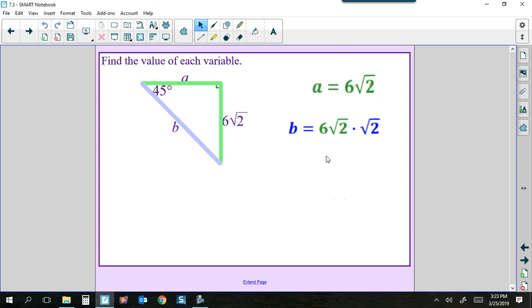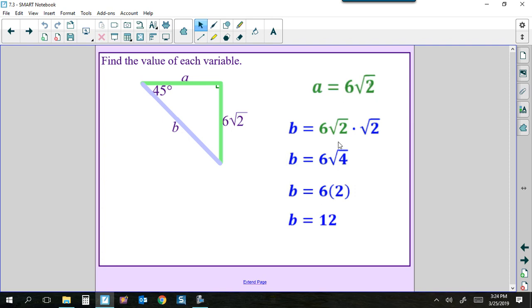So if you do square root 2 times square root 2, it becomes square root 2 to the power of 2, which ends up being 2, because you're getting square root of 4. Then don't forget, this is actually 6 times square root of 2 times square root of 2. So when you deal with the square roots, it ends up being just 6 times 2, which gives you a hypotenuse length, or B, equal to 12.